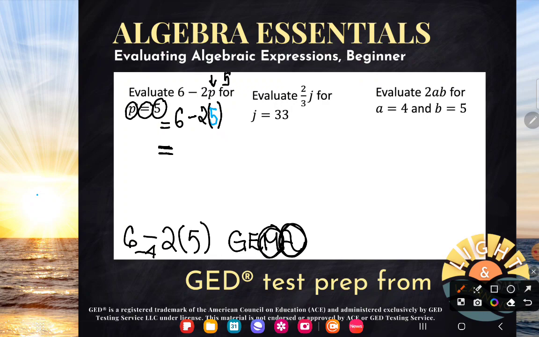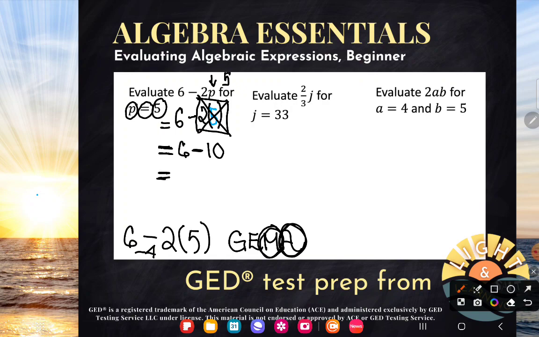So I'm going to do the multiplication in this expression first. This part, 2 times 5. 2 times 5 is 10. I've now substituted again. We don't usually think of it that way, but that was substitution. I just traded out 2 times 5 for something simpler. 10 is simpler. I haven't used the 6 and I haven't used the minus.